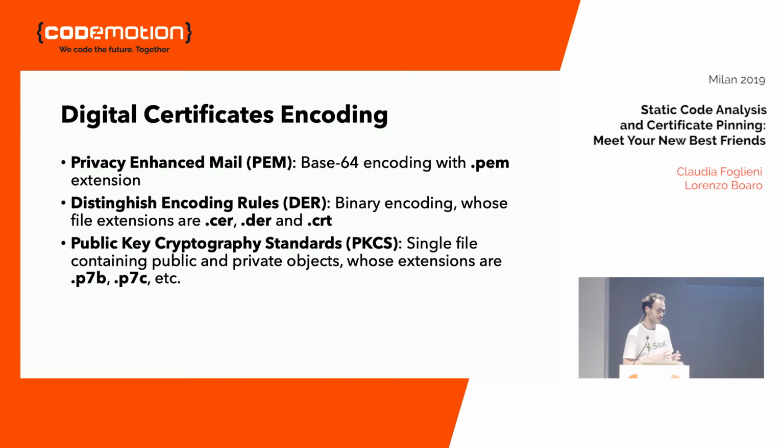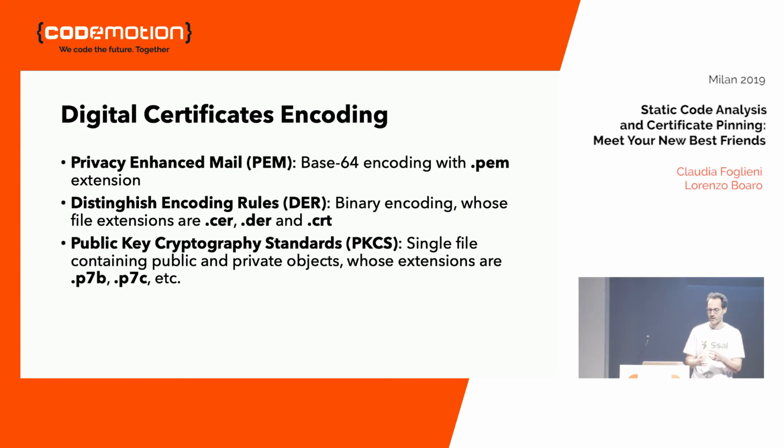Digital certificates can have different encodings. These are the encodings we can have. We have Privacy-Enhanced Mail, that is a Base64 encoding. We have Distinguished Encoding Rules, that is a binary encoding, and then Public Key Cryptography Standards.